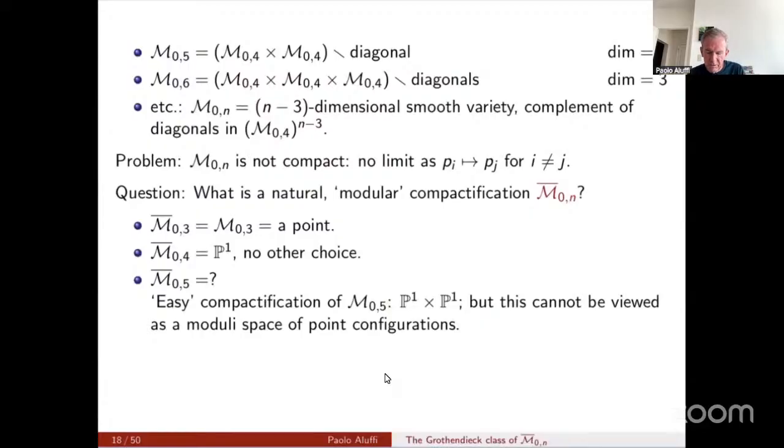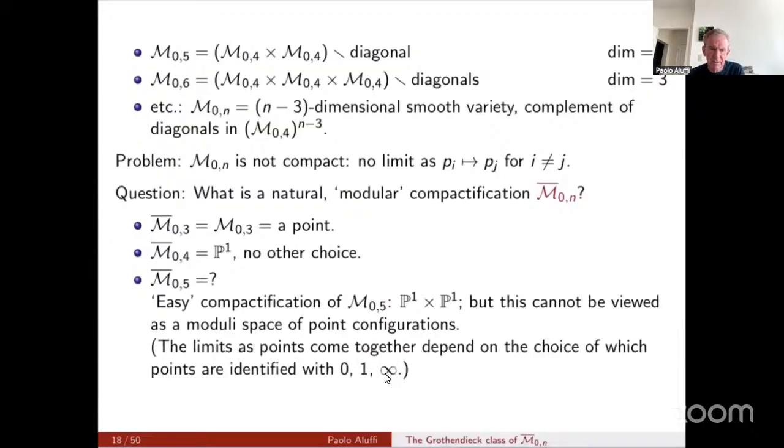This doesn't work. You cannot view it as a modular space. And if we had more time, it would be nice to go into the reason why that is the case. The point is that you want to parameterize limiting positions of points. Well, that will depend on which points you choose to call 0, 1, and infinity if you make this choice. So it's not as good as it should be.